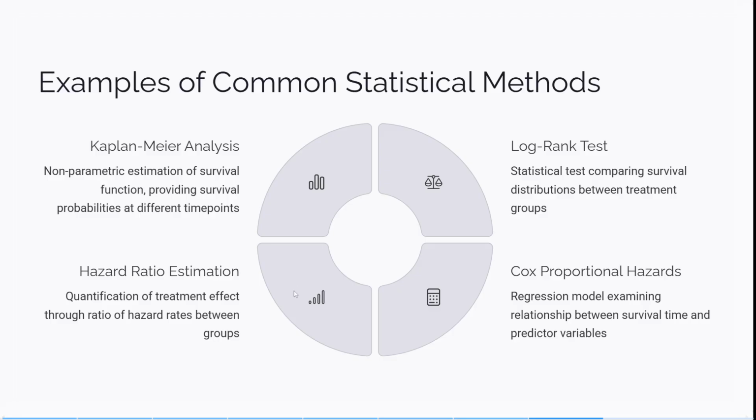Hazard ratio estimation, the quantification of the treatment effect through the ratio of hazard rates between groups. Log rank tests, a statistical test comparing survival distributions between the treatment groups. And Cox proportional hazards regression models, which examine the relationship between survival time and predictor variables.